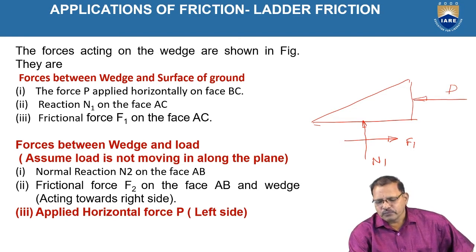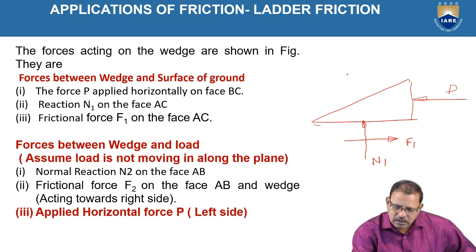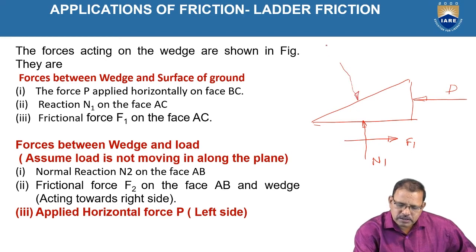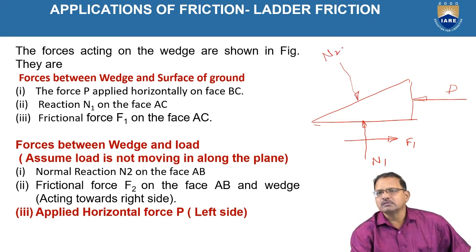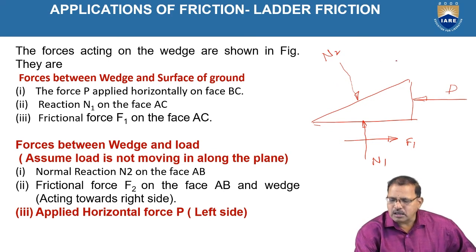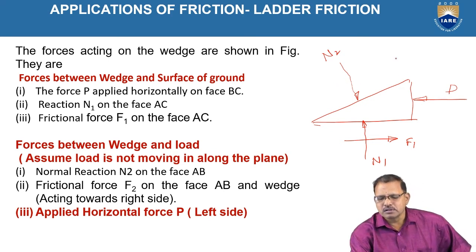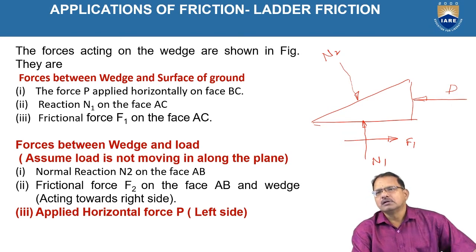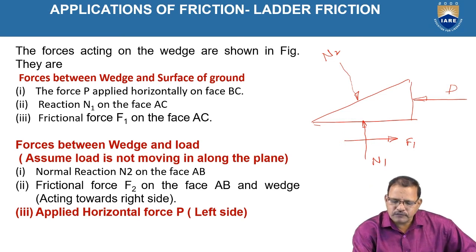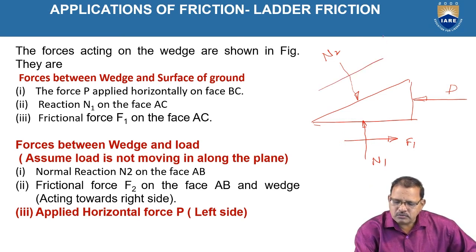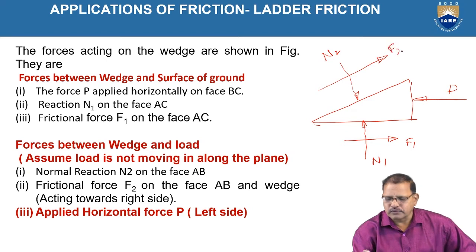The reaction offered by the weight of the body is perpendicular to the plane here now. Assume this is represented as N2. And the friction force is also acting along the plane only. Since the wedge is moving toward the right side, the friction force is acting toward the right side as shown in the figure. That is called here F2.